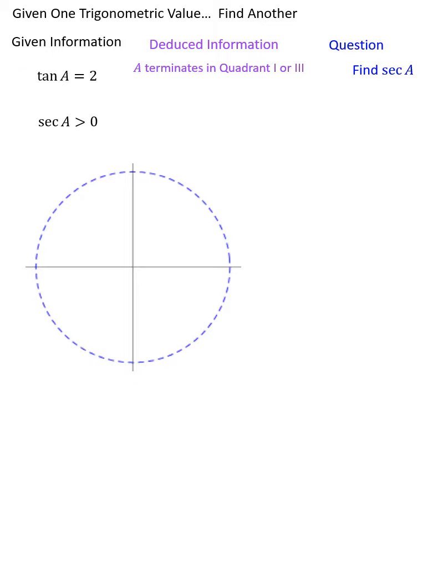But it would be nice to know which one of those was actually the case. And to narrow it down, let's continue our discussion on which quadrant the terminal point of A is in by looking at the fact that the secant is greater than 0. And again, if a number is greater than 0, it's a positive number. So we can deduce that the secant of A is a positive number.